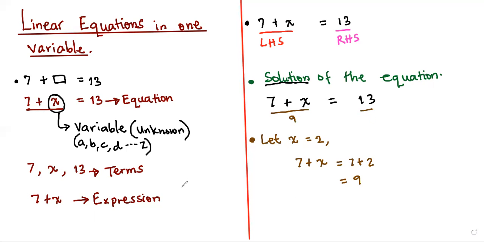So can we say that x equals 2 is a solution or not a solution? Not a solution. Why? Because the left-hand side is not equal to the right-hand side. You get it?